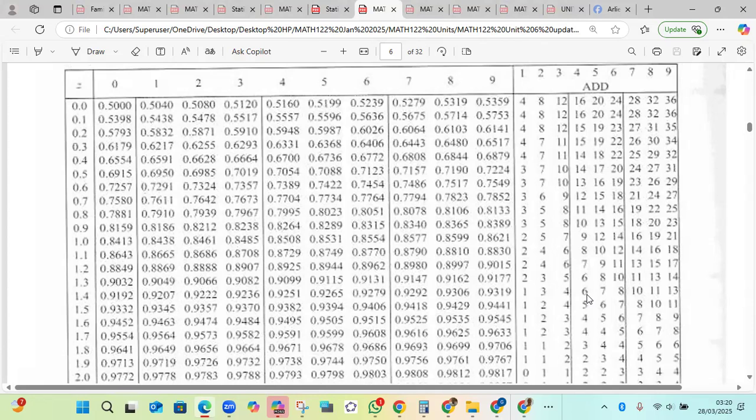Okay, you have 3 decimal places. Stop on a 6. All right, 1.451, 1.452, 1.453, 4, 5, 6. And then you come down, you look for 1.4. Right, so that is it.